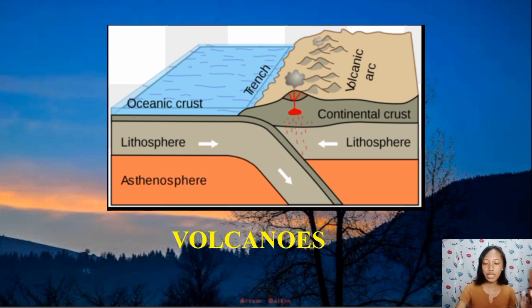This process is called subduction. The oceanic crust will always subduct. Why? Nganong ang oceanic crust man ang mo-bend downward? Because oceanic crust is naturally denser. So, mas bug-at ang oceanic crust kaysa sa continental crust.